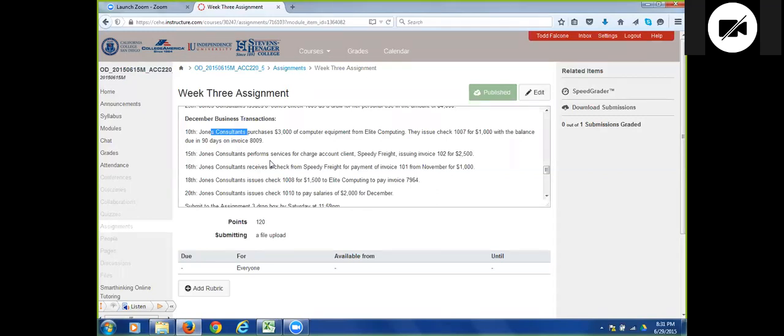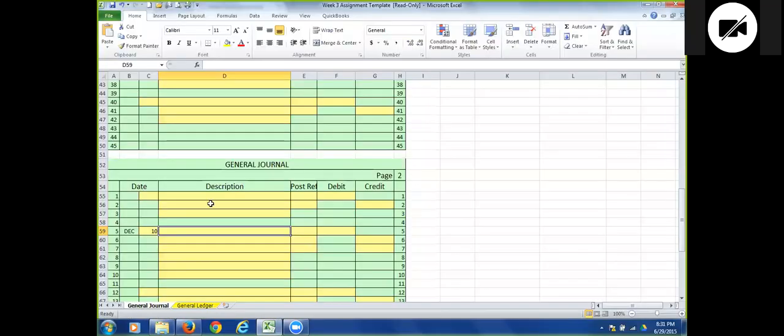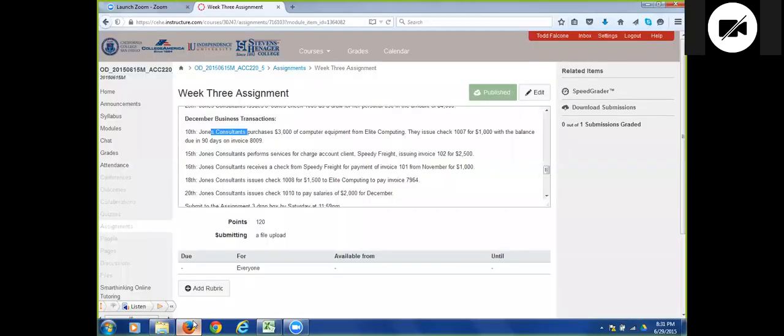So if you're purchasing computer equipment, your computer equipment is going to increase because you want to recognize that asset. So your debit is going to be computer equipment for $3,000. And you're going to have 2 offsetting credits because they issue the check for $1,000 with the remaining balance due in 90 days.